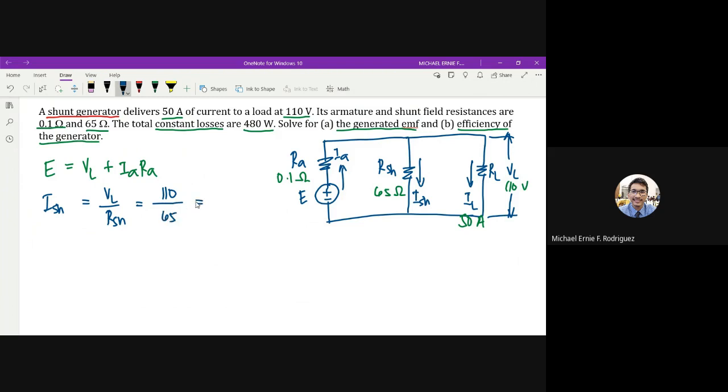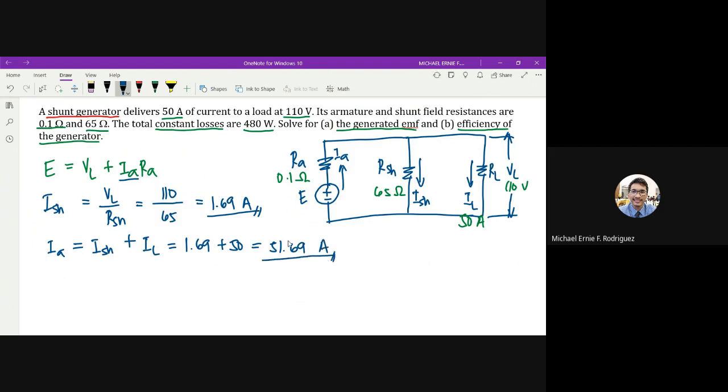So, ang ISH natin is 1.69 amperes. Okay? And then, nakuha na natin yung ISH, we can solve for IA. So, yung IA natin is equal to ISH plus IL. Okay? So, ISH is 1.69 amperes plus your IL, we have 50 amperes. Alam natin siya na 51.69 amperes. Okay?